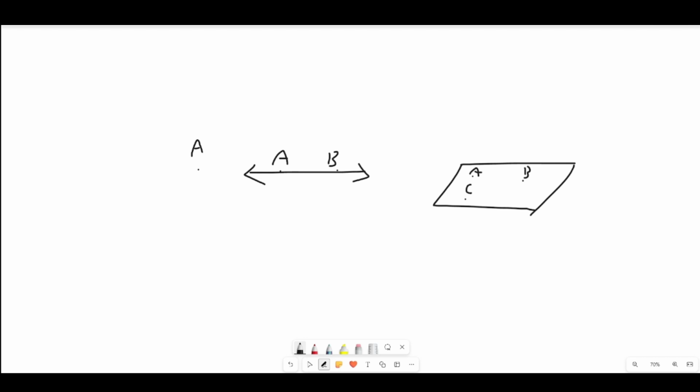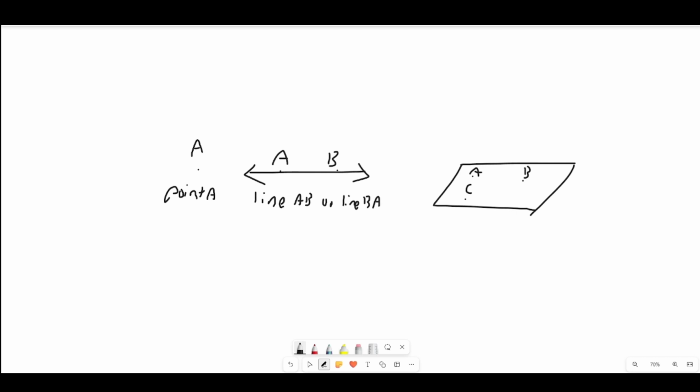It's pretty simple. Now, about naming these, this would just be point A, just the letter there. For a line, you would call it line AB or line BA. So you can just flip them. It really doesn't matter the order.